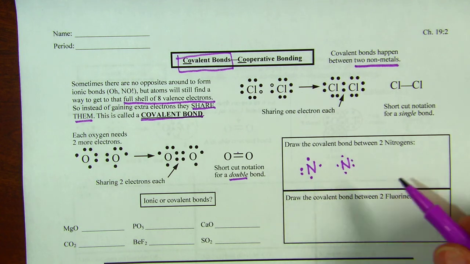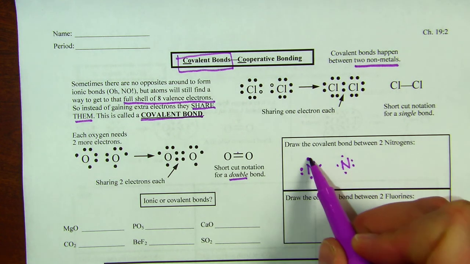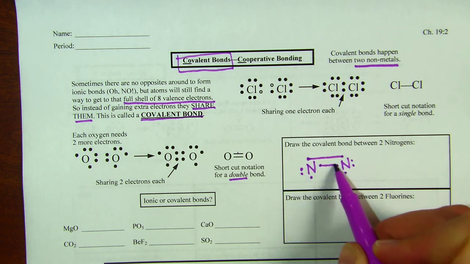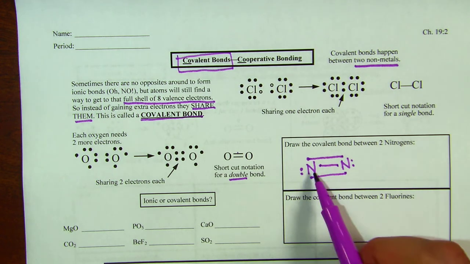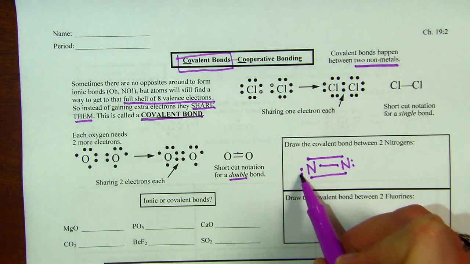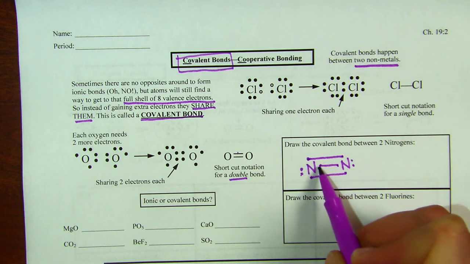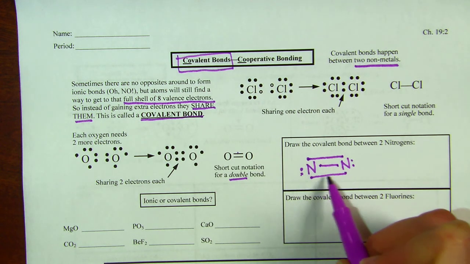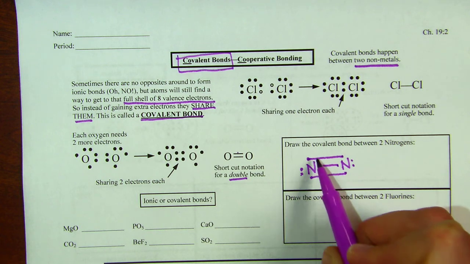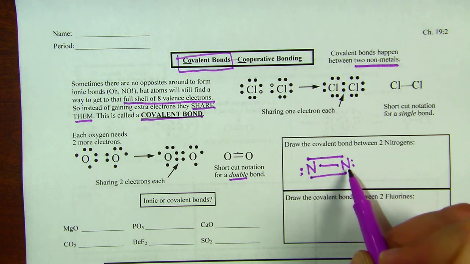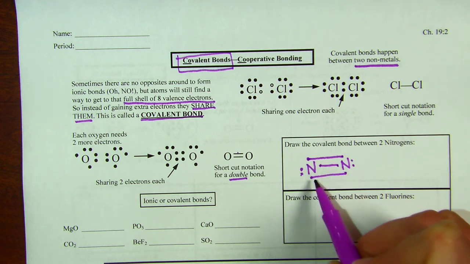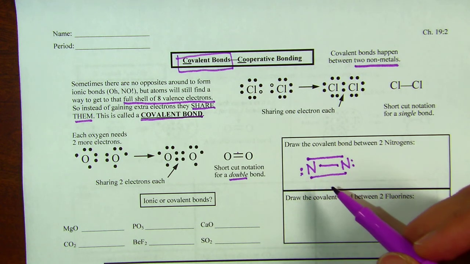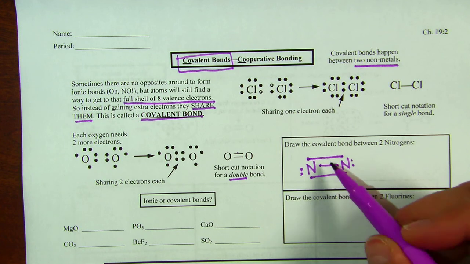Instead of giving them away, they're going to form bonds and share those electrons. So this nitrogen atom now has 1, 2, 3, 4, 5, 6, 7, 8 because it's sharing those 3. This nitrogen atom also has 1, 2, 3, 4, 5, 6, 7, 8. So each one has 8 valence electrons because they're sharing some.